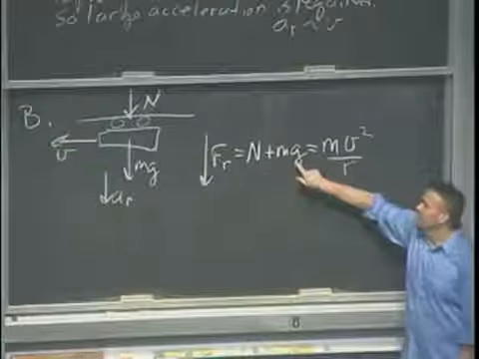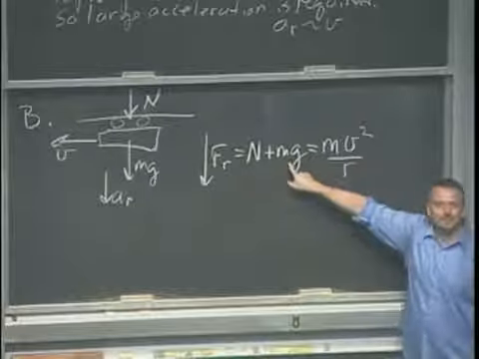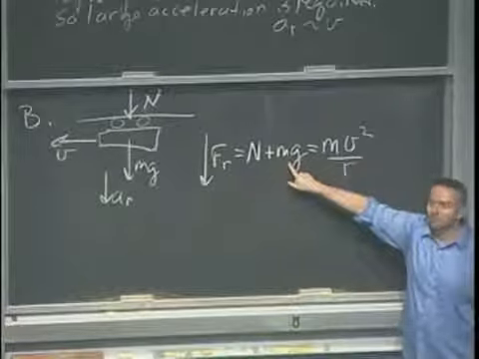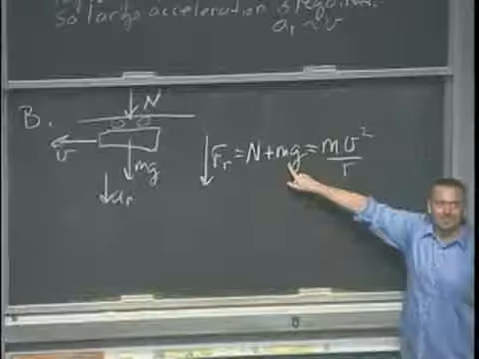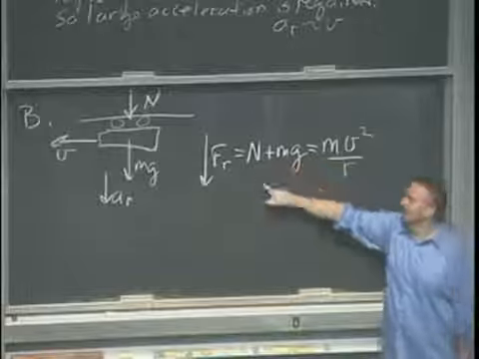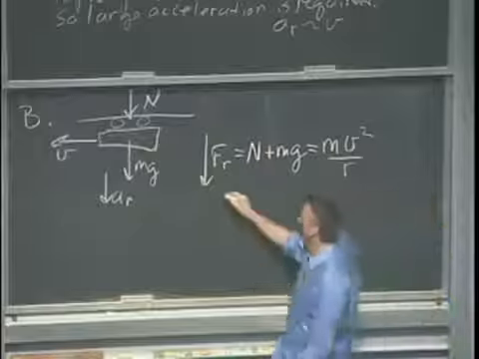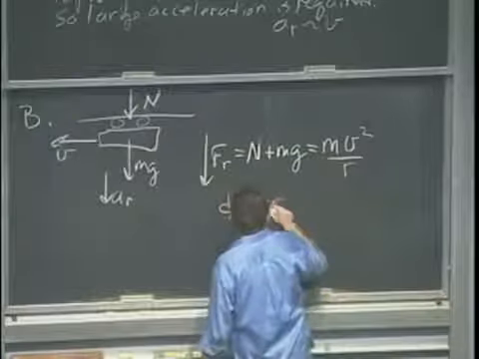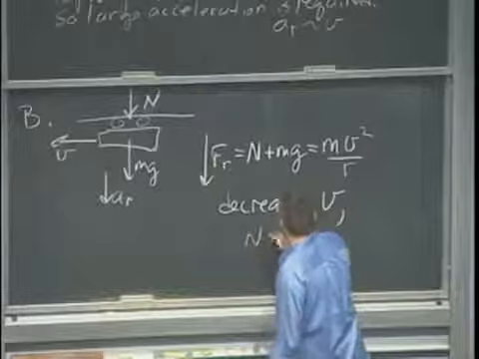But those two forces, there's the normal force and there's the weight, right? And the weight isn't changing. The weight of that car does not care how fast it's going around that track. The force that's changing that depends on speed is the normal force. So as you decrease the speed, the normal force drops.